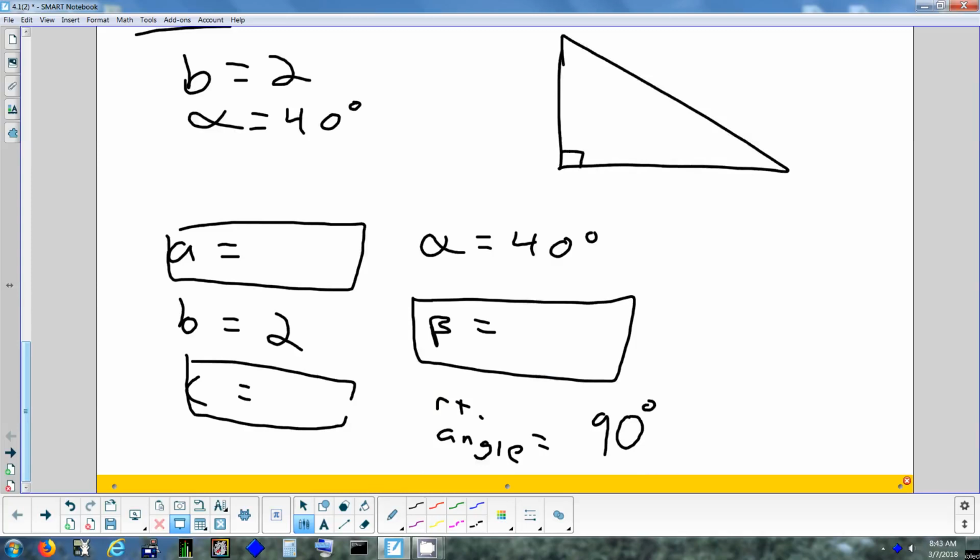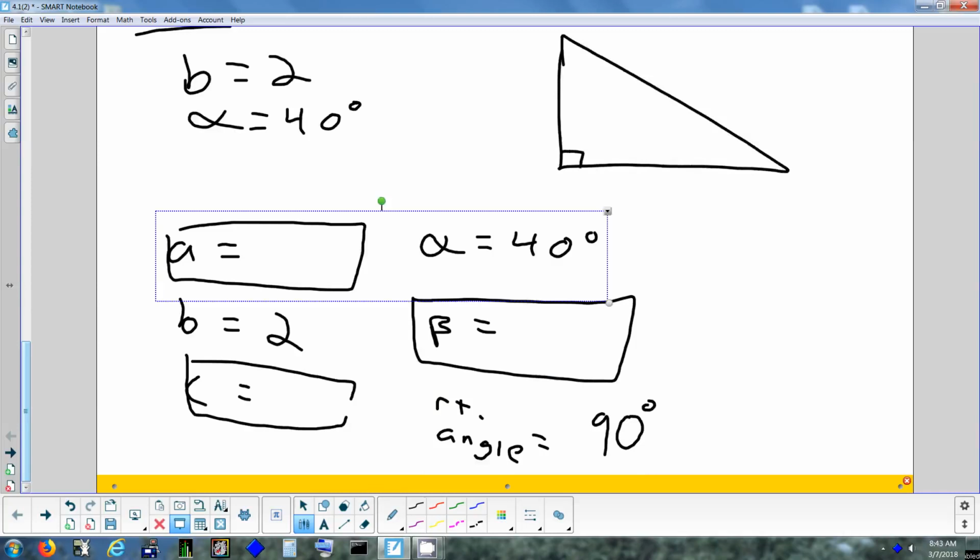You have to make sure that side A is across from which angle? Anyone remember? Well, B is going to be across from something else, but A is across from which angle? Yep. Alpha. That's why I set it up in rows.